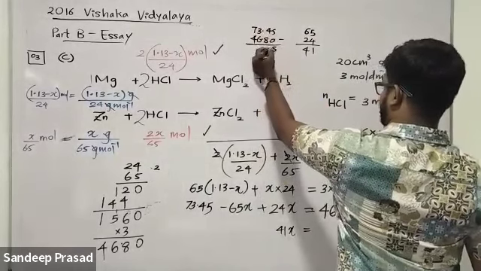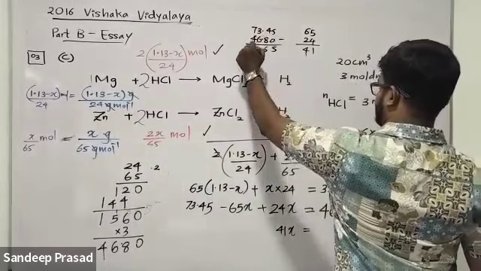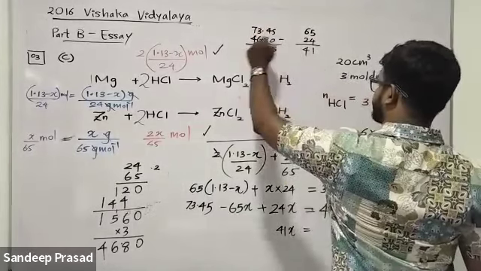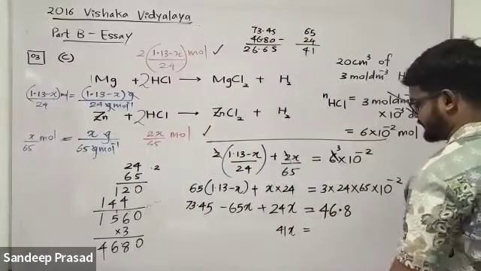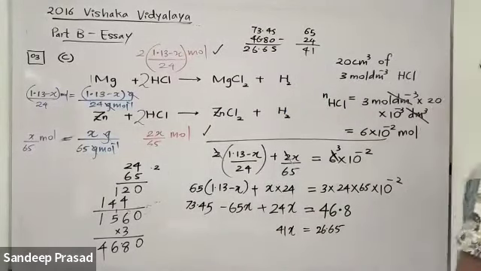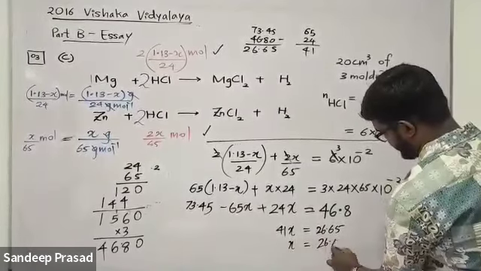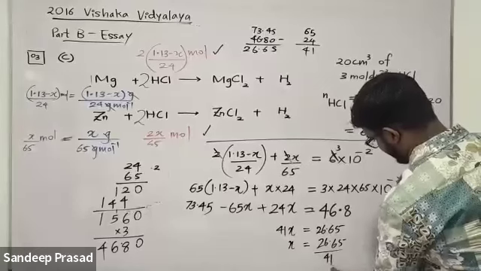So the difference is 26.65. Then x equals 26.65 divided by 41.